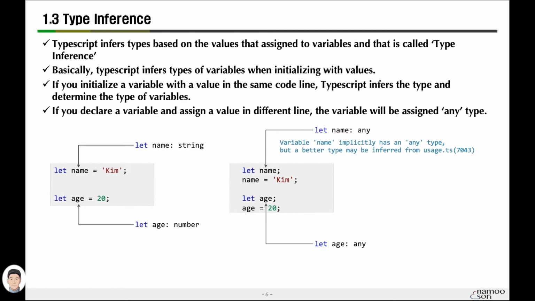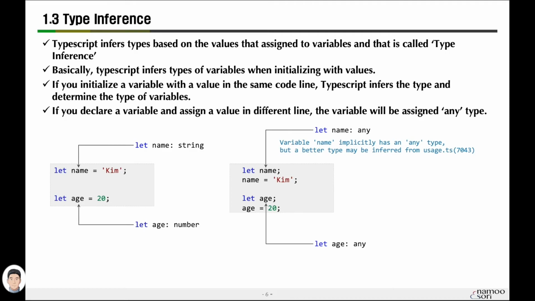Type inference takes place when initializing variables, setting parameter default values, and determining function return types. As you can see on the left, I declare a variable named name with the let keyword. I didn't specify a type, but gave the value Kim for the name. In this case, the type of name becomes string as Kim is a string. Yes, the type is inferred.